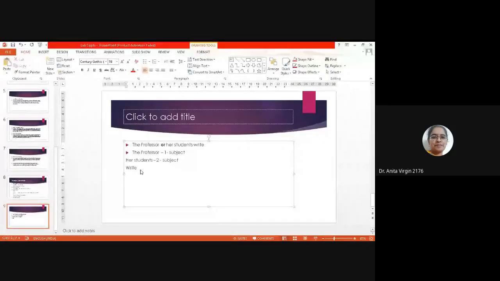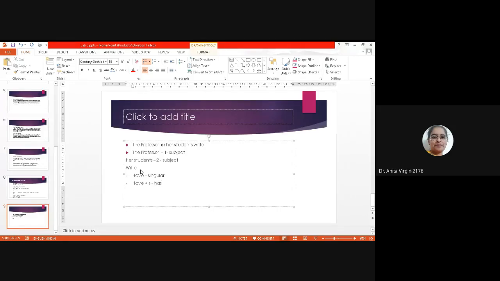Now we'll come to the have verb. You have verbs like have, isn't it? But when do we use has? Has is nothing but have plus s.